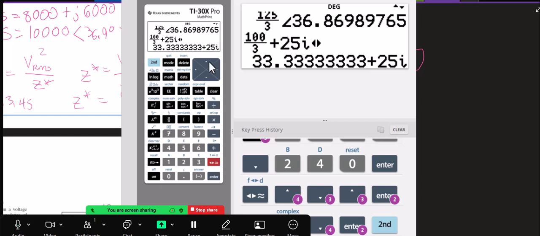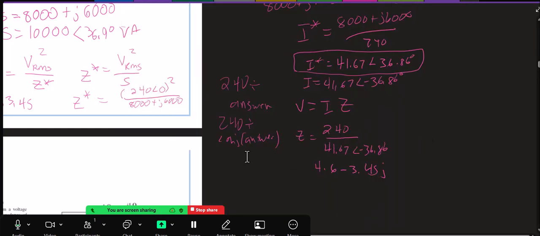Okay, yeah, it is right. But that gives me the conjugate of the answer. And so then I just changed the angle on my own, but then I forgot to change it when I went back to do the 240 divided by it.